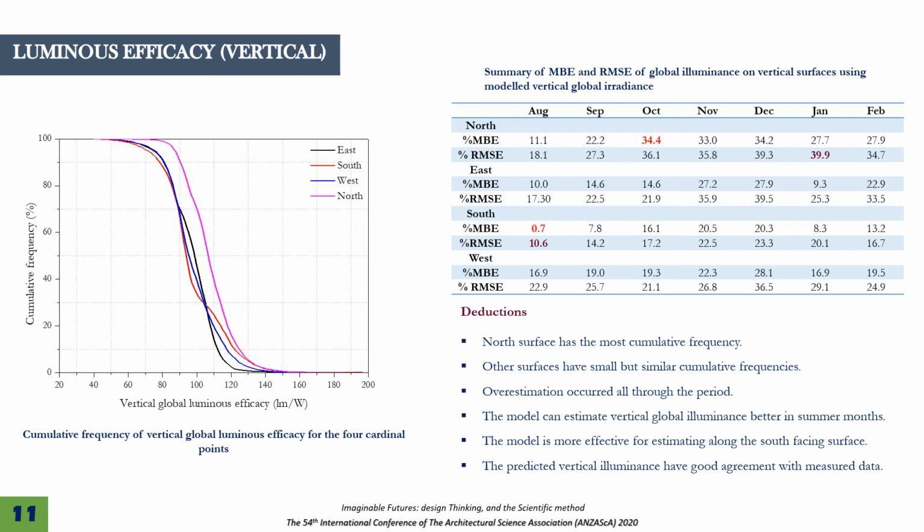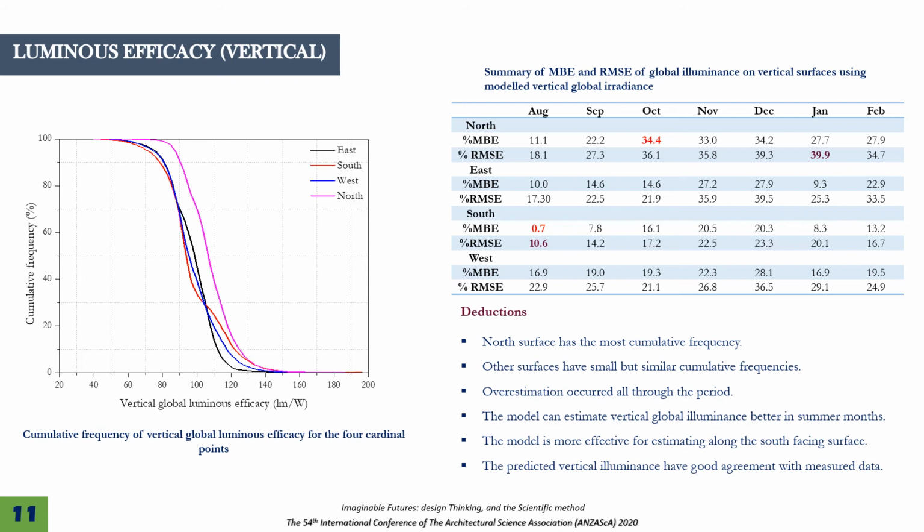Also, we determined the cumulative frequency of vertical global luminous efficacy for the 4 cardinal points. It was deduced that the North surface has the most cumulative frequency when compared with other surfaces, which have small but similar cumulative frequencies.